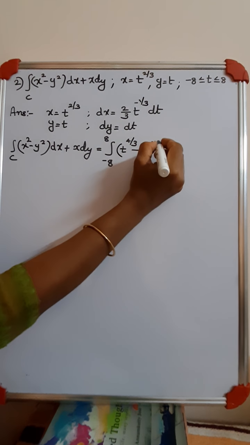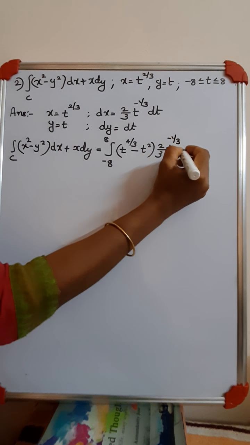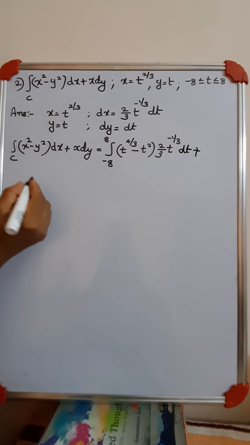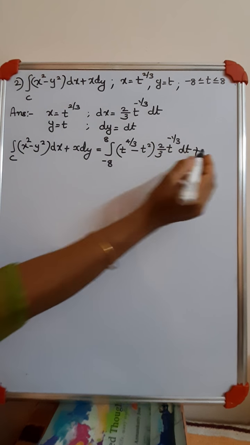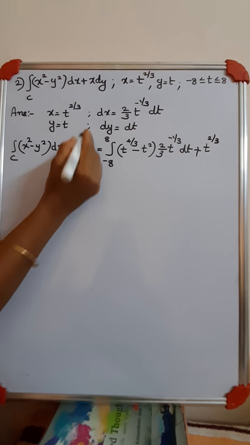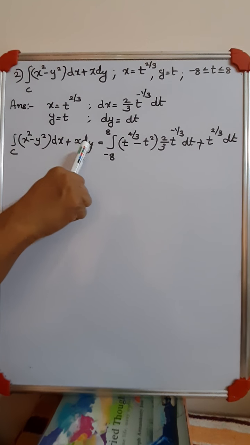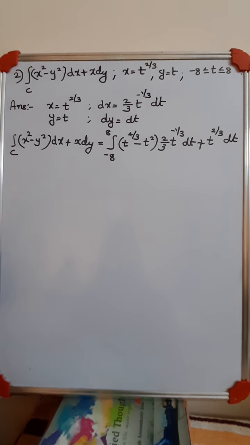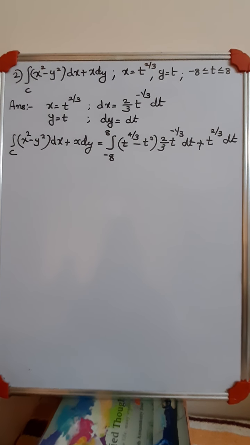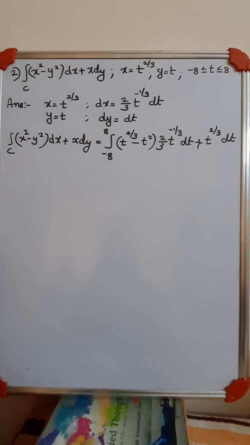Now dx is 2 by 3 into t raised to minus 1 by 3 dt plus x dy. What is x? X equal to t raised to 2 by 3, and dy is dt. So what we got? The variables x, y are converted to a single variable t. That means we can evaluate the line integral with respect to t.